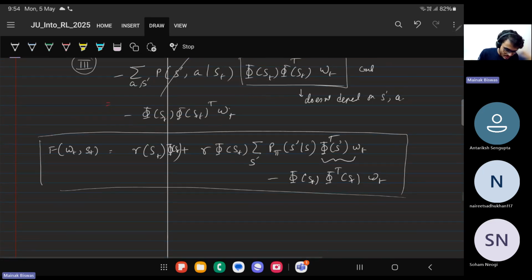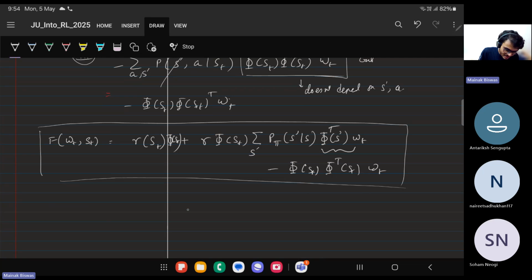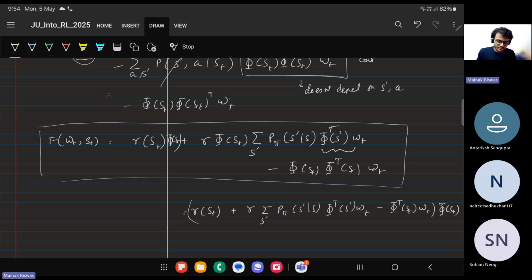This is correct. So this can basically be written as r_t plus gamma times summation over s dash of P of s dash given s, pi transpose s dash w_t, minus pi transpose s_t w_t, whole product with phi of s_t.